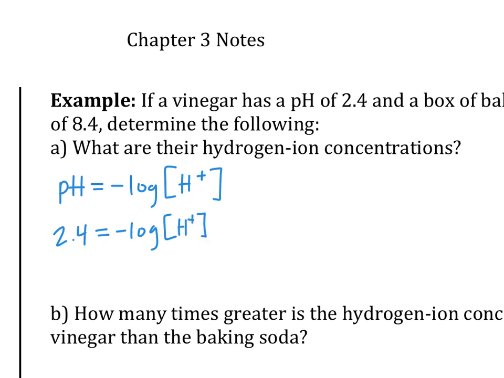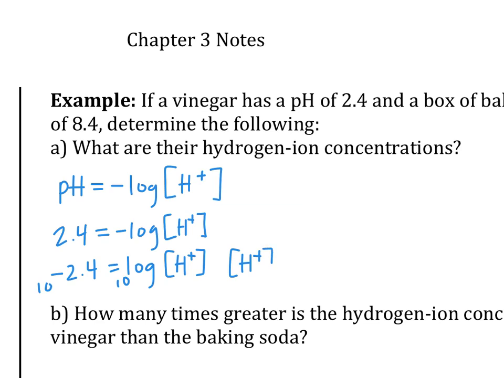So if we want to figure out what the concentration is, what do we have to do first? What do you have to do first to solve for H+? We had to divide by negative. Okay, what's next? Raise by 10.